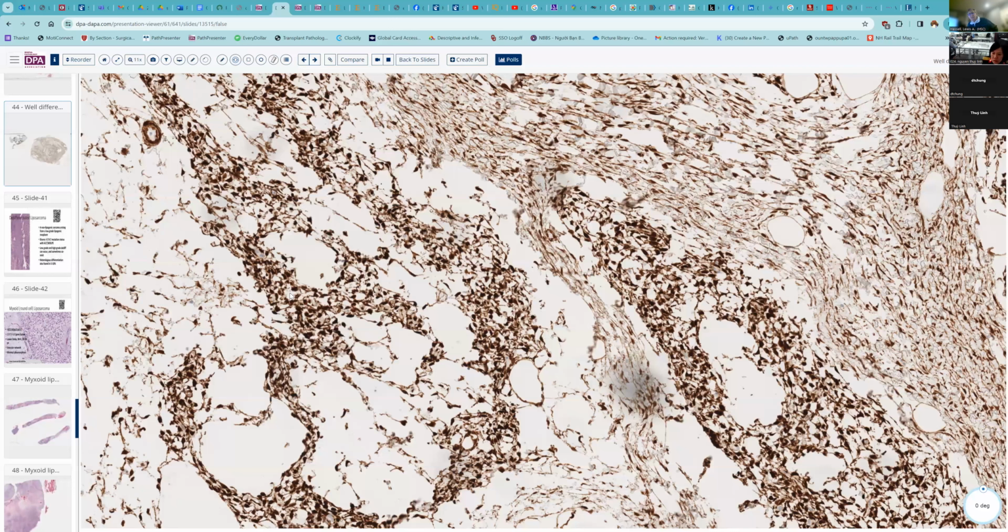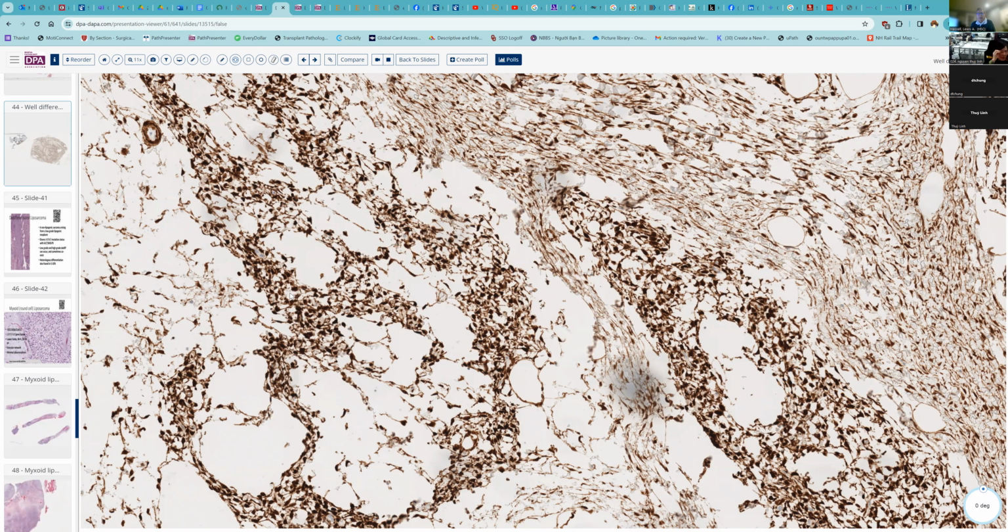That's not as sensitive as the FISH testing for MDM2 rearrangement or amplification, which we would prefer. But if you don't have access to that, the MDM2 immunohistochemistry can be used, and if positive, is a pretty good substitute for that finding.